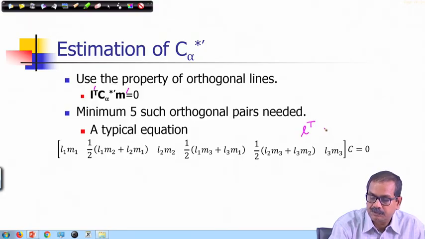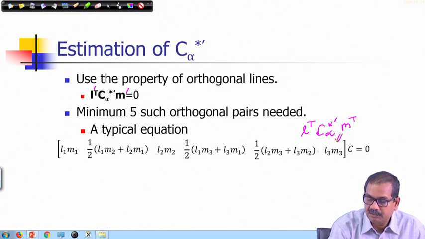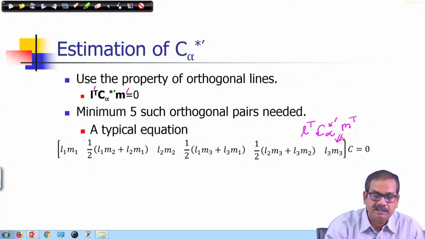L transpose C infinity star and M transpose, this expression will be like this, but C is given, C is a general conic here.